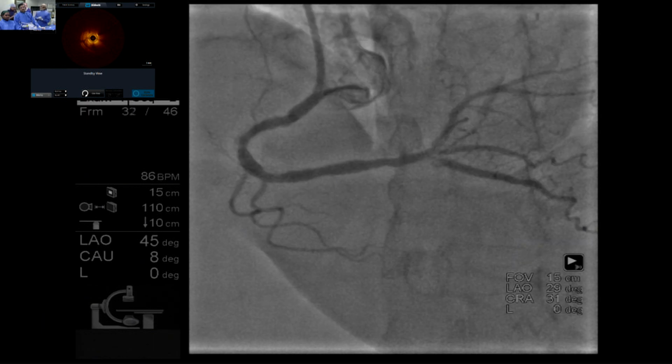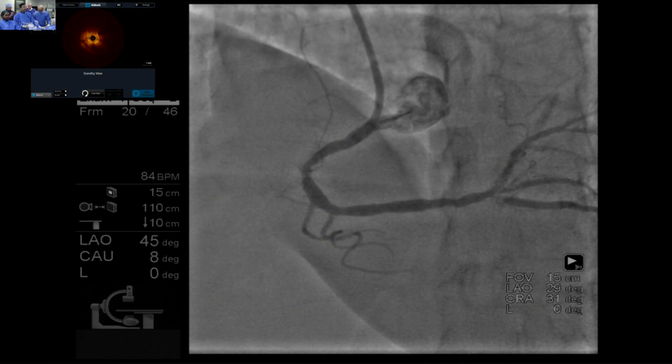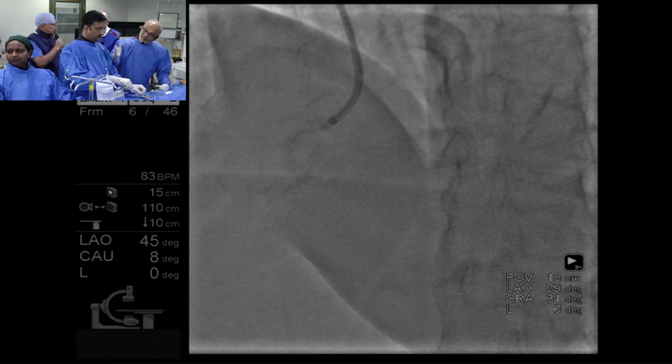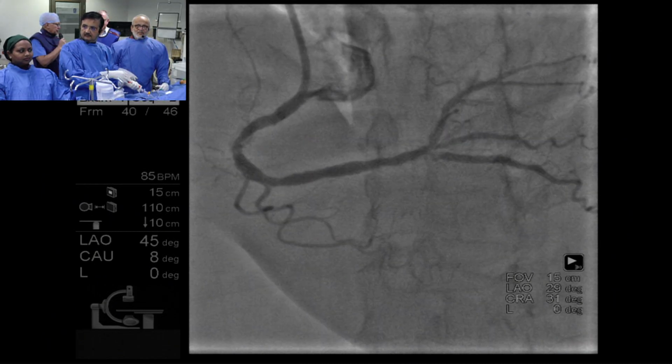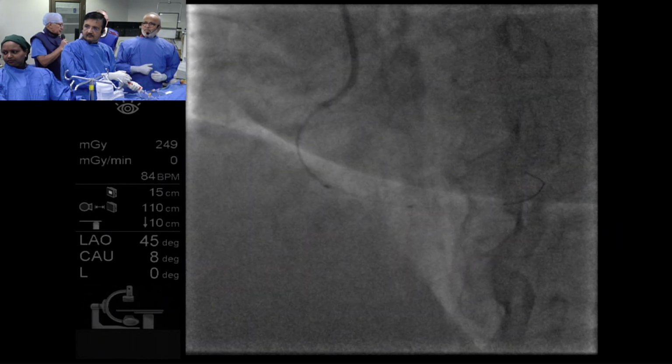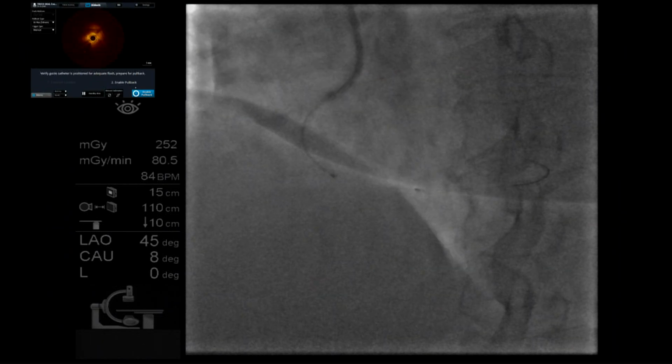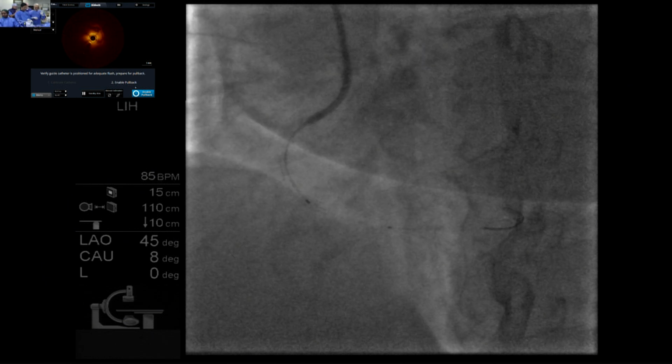What is your comment? I think so, because just if you see physiology, after calcification, it cannot come down. So when it's calcified, we can be sure there will be no recoil.